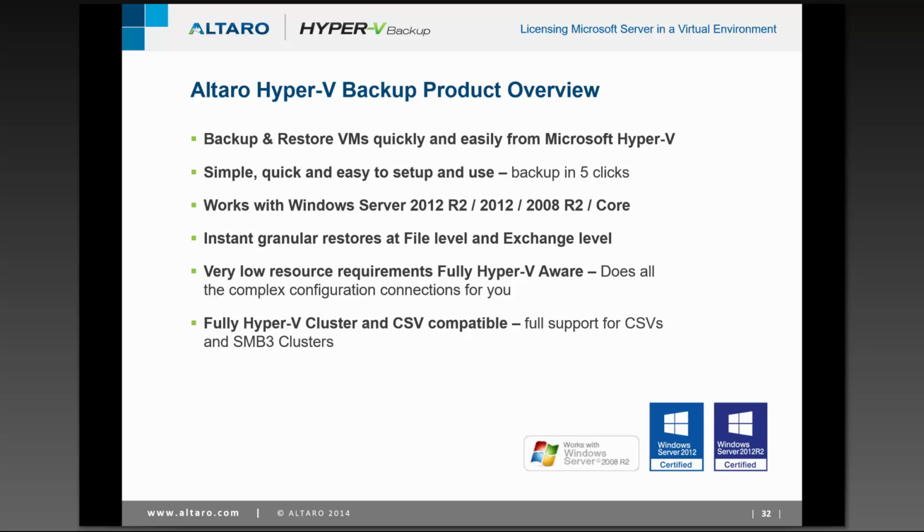It does all the complex configuration connections for you. Again, reiterating bullet point 2, it's simple, quick, and easy to set up. And one of my personal favorite pieces of the software is that it's fully Hyper-V cluster and CSV compatible. It sees those cluster shared volumes and the SMB 3.0 clusters with no issues at all. So definitely a full-featured piece of software.